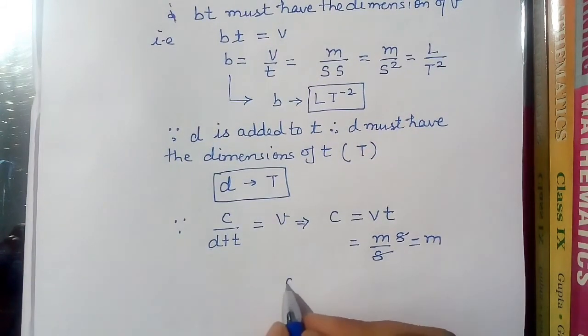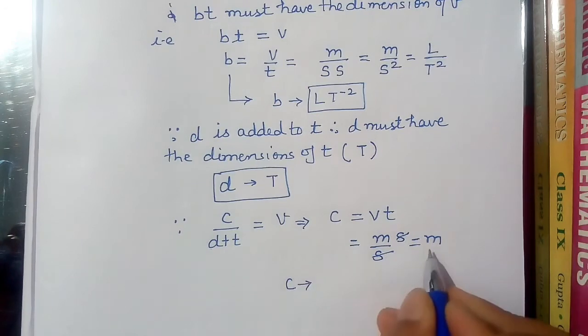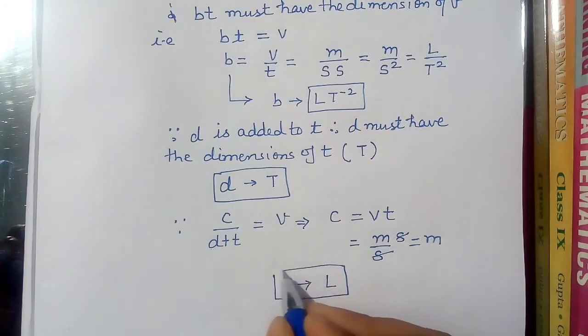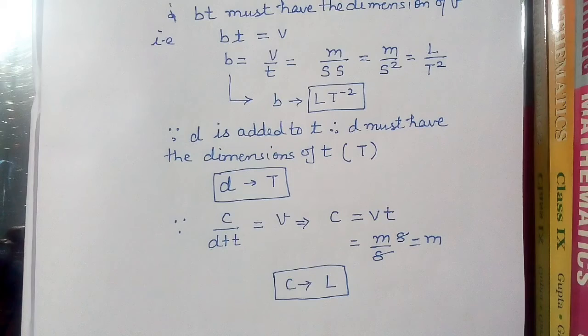So the dimension of C is that of meter, and for meter we have the dimension L. So the dimension of C is L. So this is the principle of homogeneity on the basis of which we have calculated the dimensions of A, B, C and D in this question.